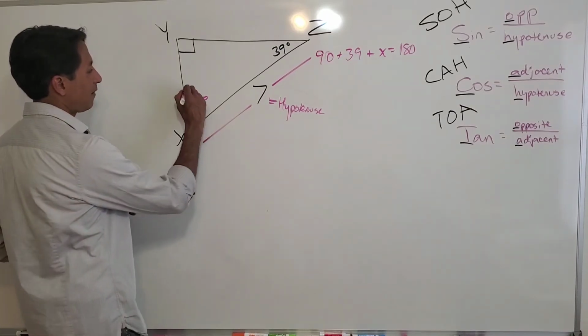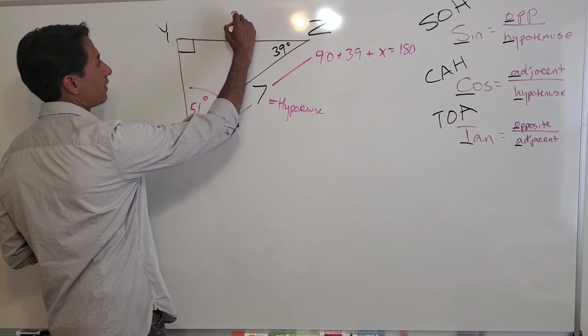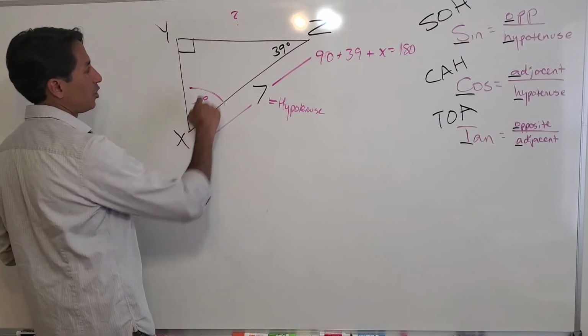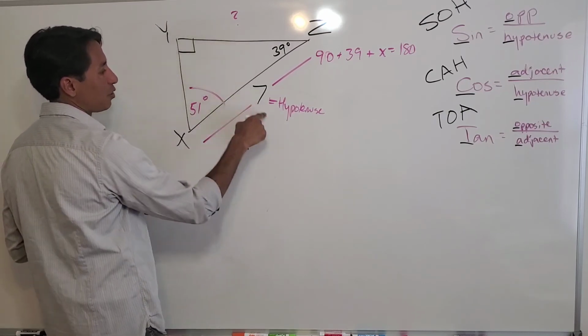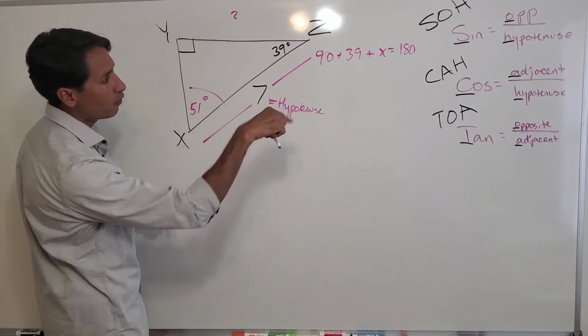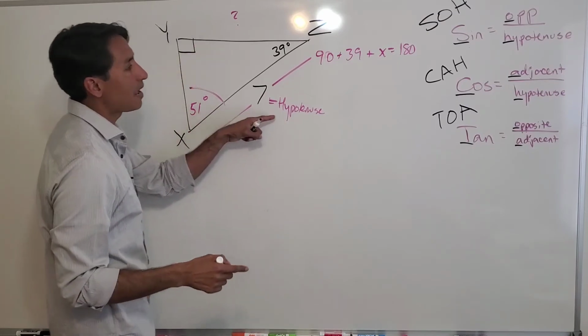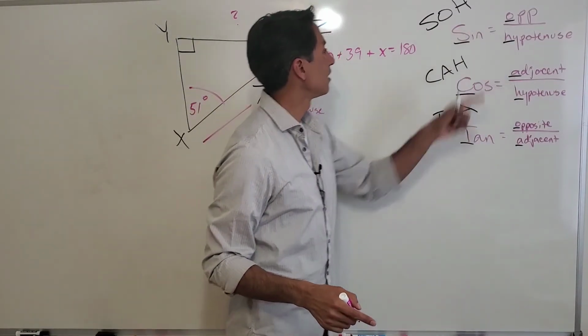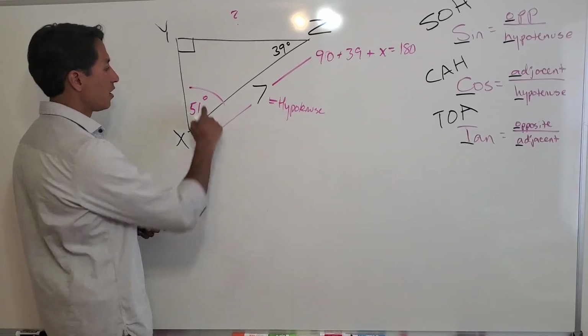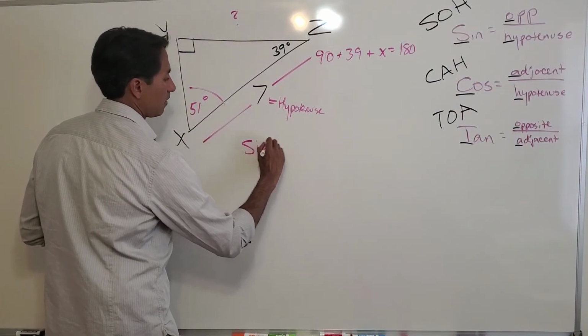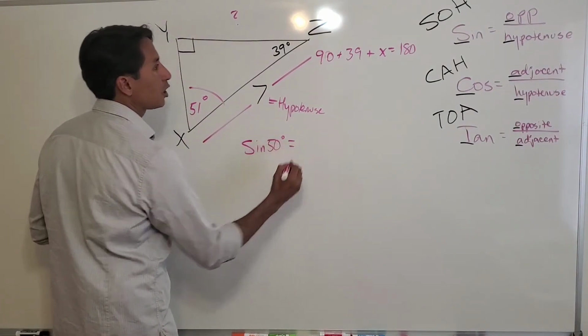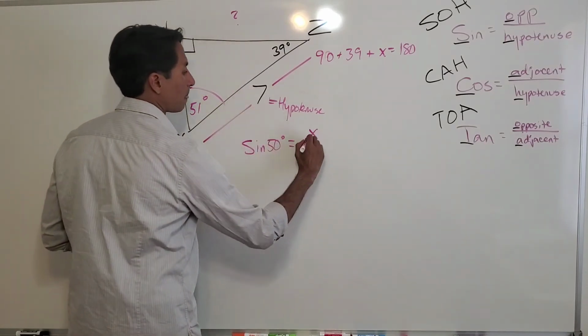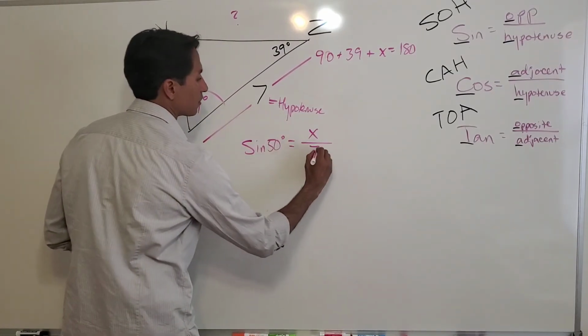Well, if I'm trying to find this guy, I can do opposite over hypotenuse. Is there a formula that has opposite over hypotenuse? Yes, it looks like sine, okay? So I'm going to do sine 50 degrees equals opposite over hypotenuse.